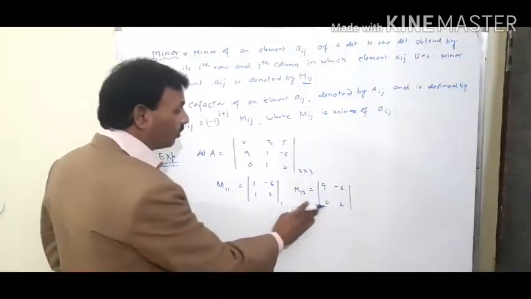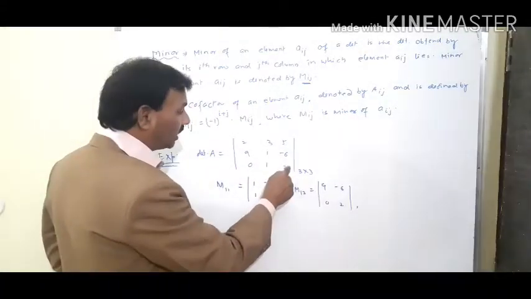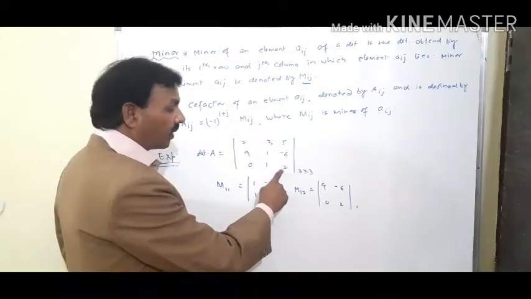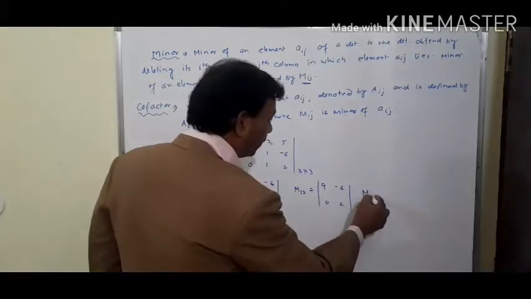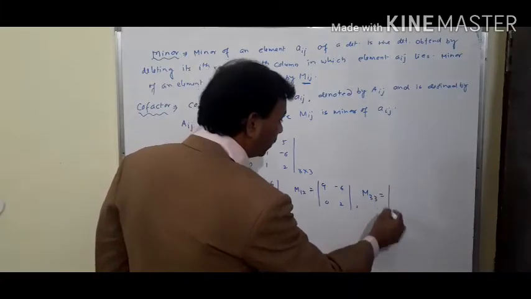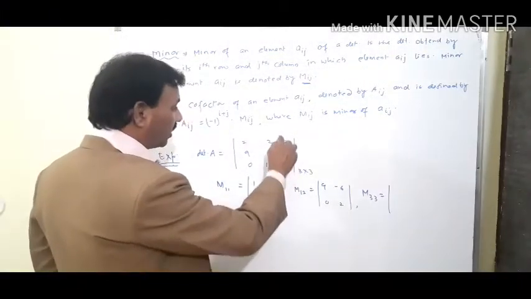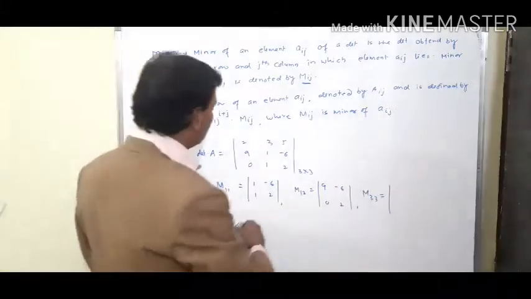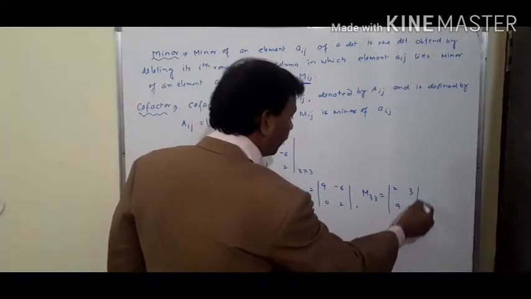Now this element is the element of the third row and third column. That means M33 equals, you should leave out all elements of the third row and third column. The remaining elements will be 2, 3, 9, 1.